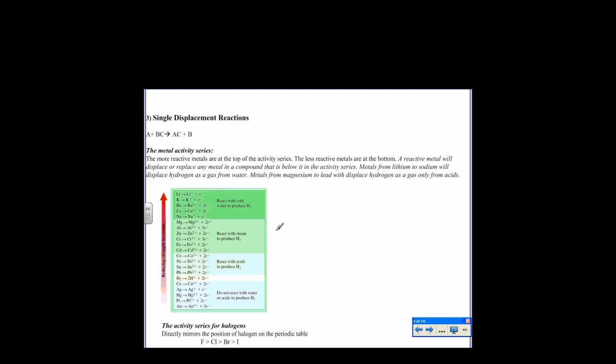So for example, if I look at something like a piece of zinc reacting with a solution of copper sulfate, I can use the activity series to decide if this reaction is going to occur. Zinc is higher up on the activity series than copper, so that means that zinc is going to be able to displace copper.